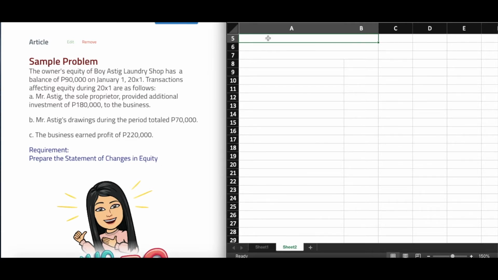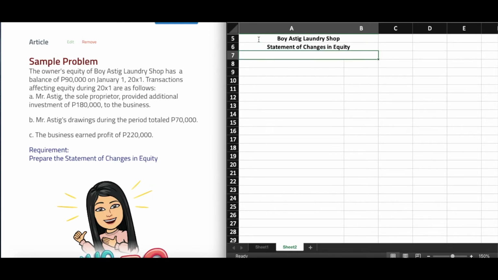The first thing that we need to write is the header. Don't forget to include your header. For the first line of the header, we put the name of the business, which is Boy Astig Laundry Shop. And then the second line would be the name of the statement, which is Statement of Changes in Equity.